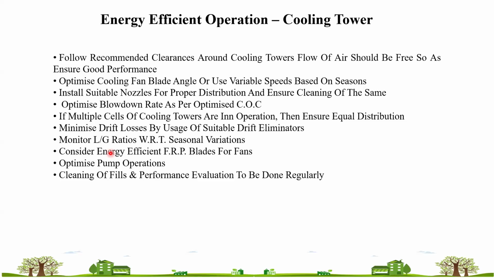Like in the winter season, your L by G might be different. In the monsoon season, you can adjust your fan blade angle, or VSD. You can put that in the system. But putting the VSD in the system, it has to be a closed loop VFD.